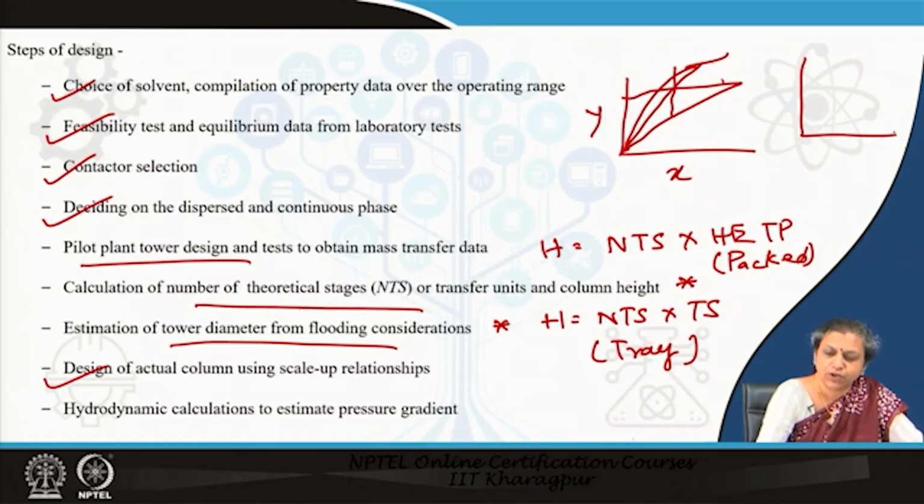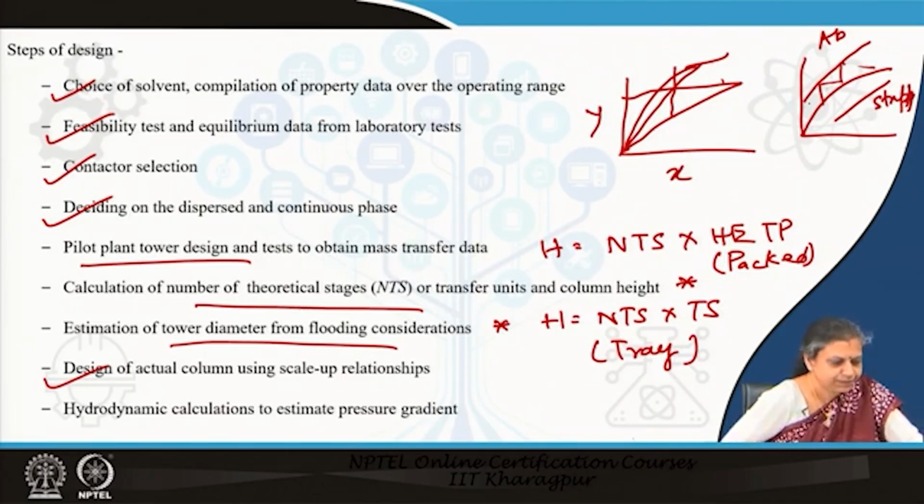In case of absorption also, this was the equilibrium curve, this was the line in the case of absorption, this will be the line in case of stripping, and accordingly we had marked off steps and found out the number of stages.